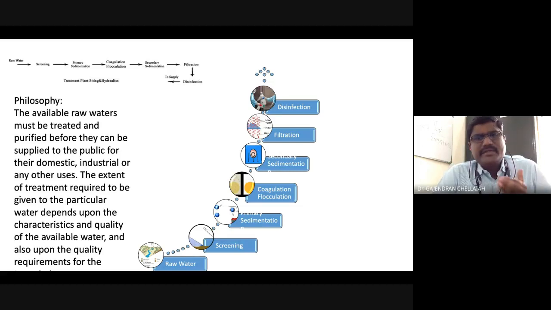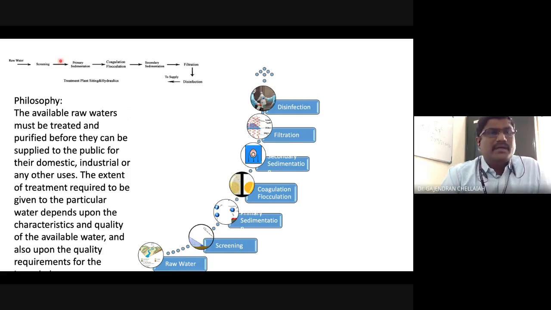So the raw water should be supplied after treatment, and the treatment should be based on the requirement of the intent. Suppose they are asking for domestic use, you have to treat in a different way and achieve some treatment values, so the parameter values should be up to the mark.